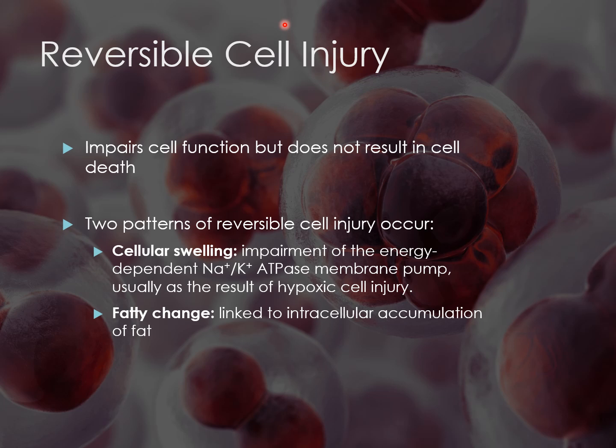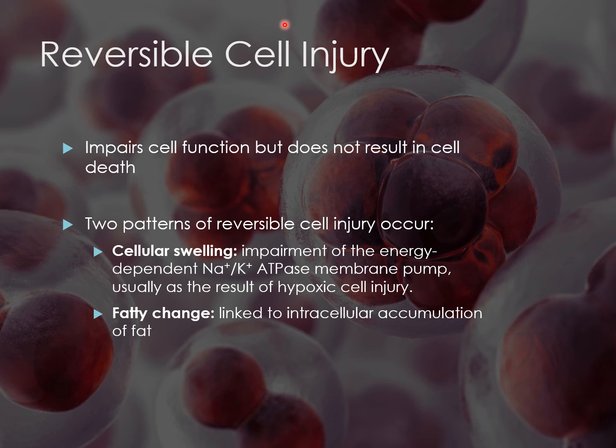If we are able to reintroduce oxygen, if we're able to reverse the hypoxia of those cells before that cell swells too much and dies, that impairment can be reversed.